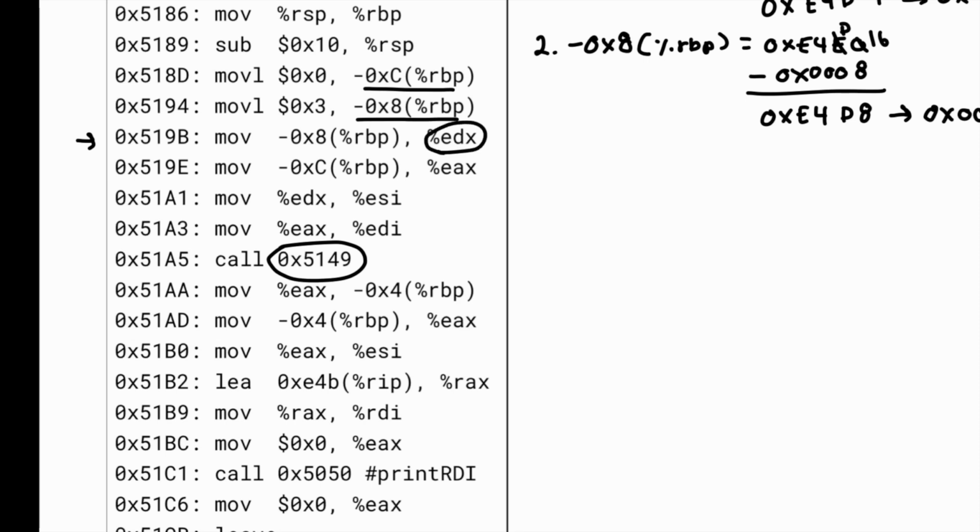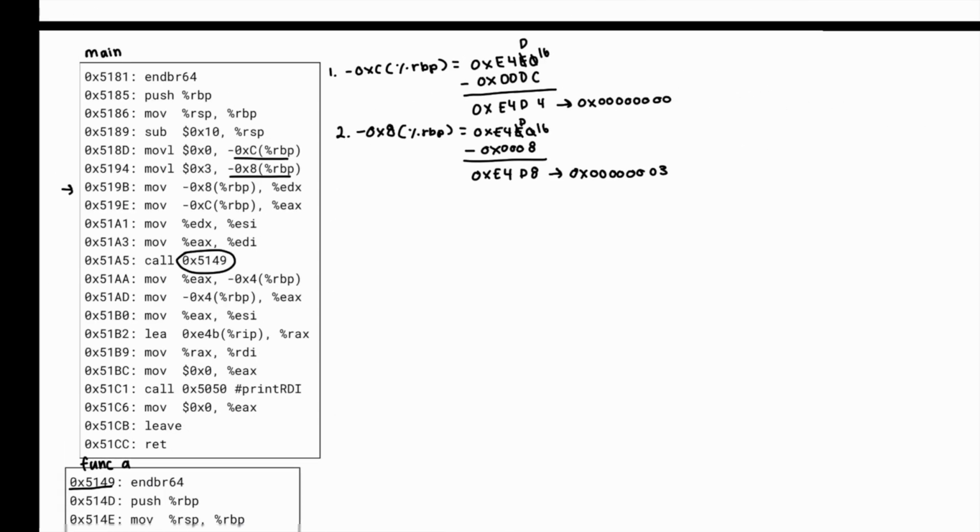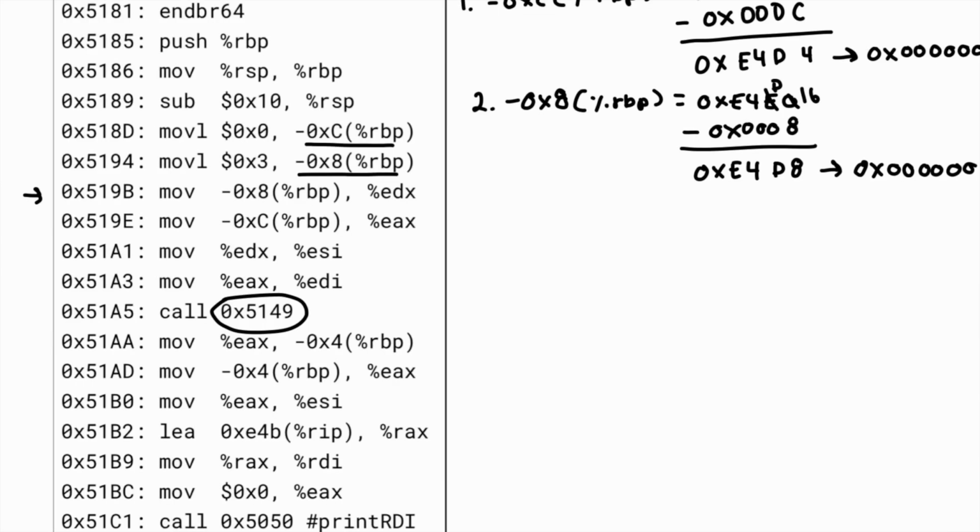Now we're taking the values that we moved into these memory addresses, and we're going to put them into the last 4 bytes of these 2 registers. EDX and EAX are the last 4 bytes of RDX and RAX respectively. Let's keep track of these registers. We have EAX. Now we're going to move the value at this address into EDX.